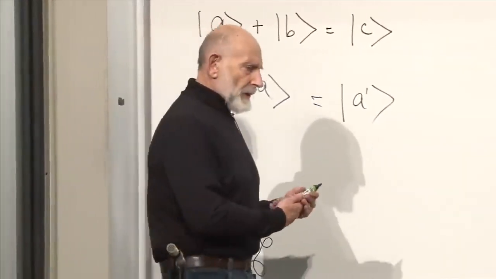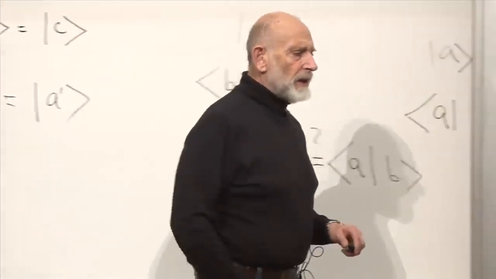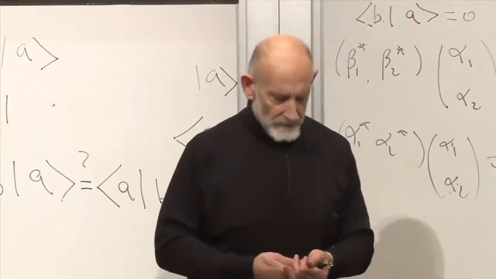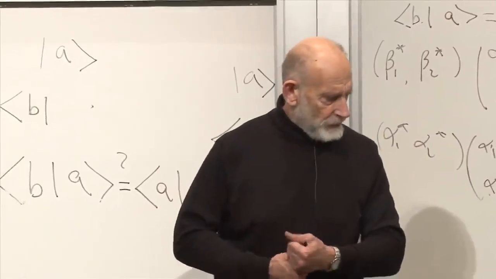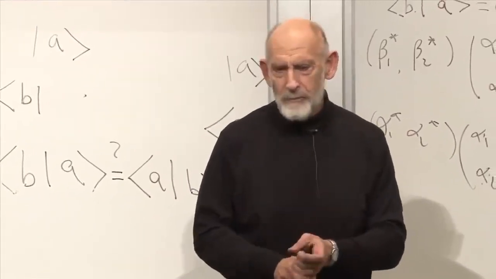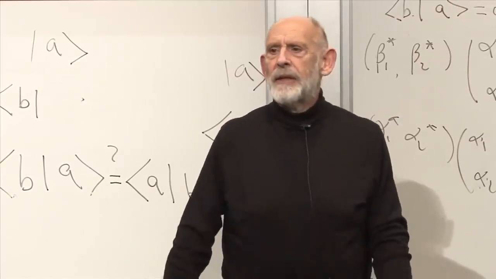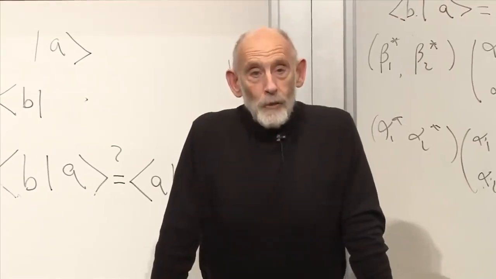In a real vector space, how do you define the dimensionality of the space? Give me a definition. There are many definitions, of course, but anybody have one? Number of entries in the vector.